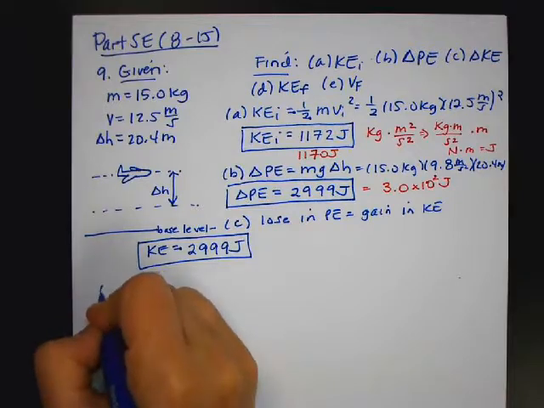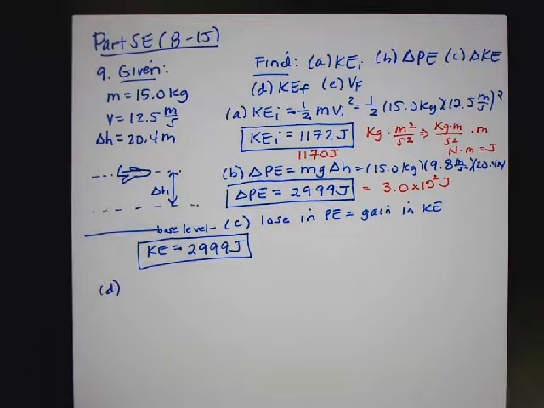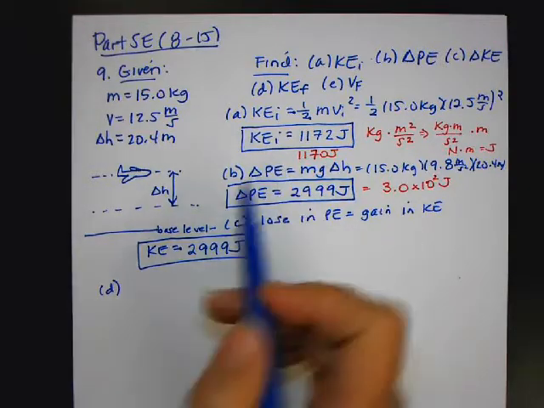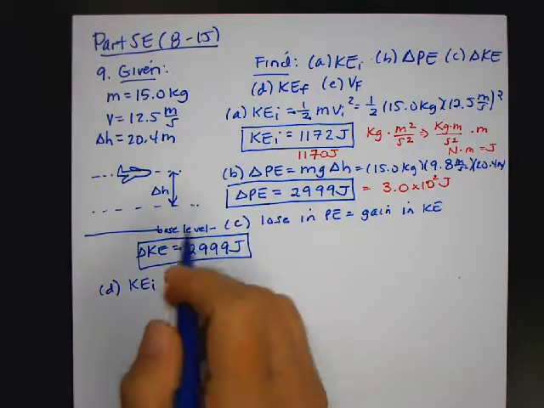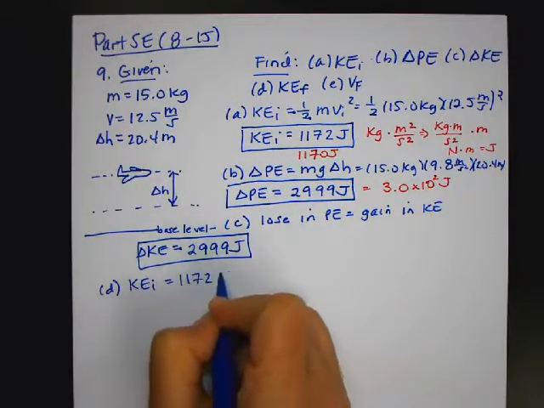Part D says, what is the new kinetic energy? Well, I have my initial kinetic energy. So I started off with a kinetic energy of 1172.